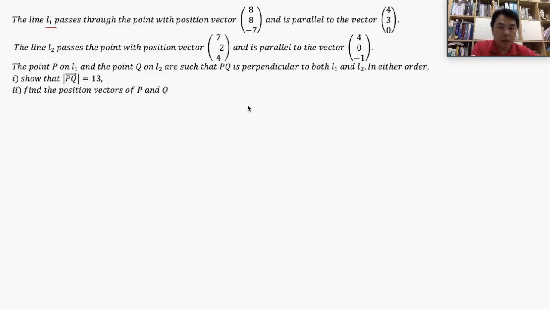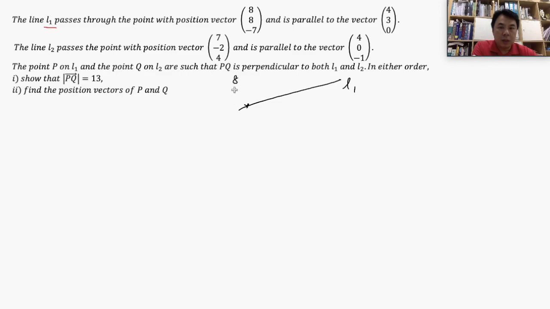I'm going to represent this as L1, for instance. This is L1. There is a point with a position vector on this line, so I'll label it somewhere here.